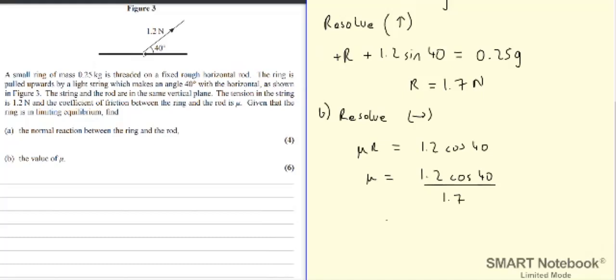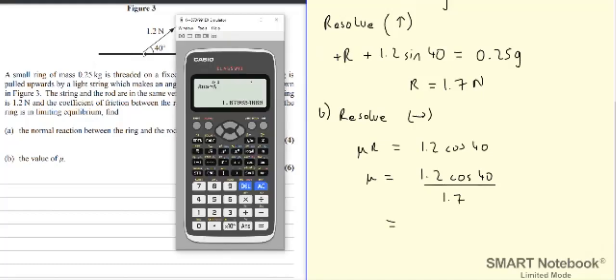But we are going to use the exact value, we're not going to use 1.7. That was a rounded value, wasn't it? So 1.2 cos 40 over what I stored in A, and we get 0.547, but because we've used g in our calculations, we are going to round that to 0.55.